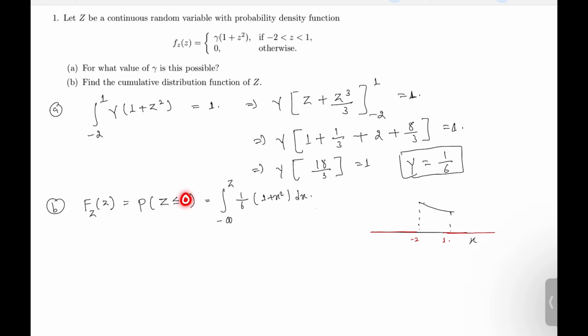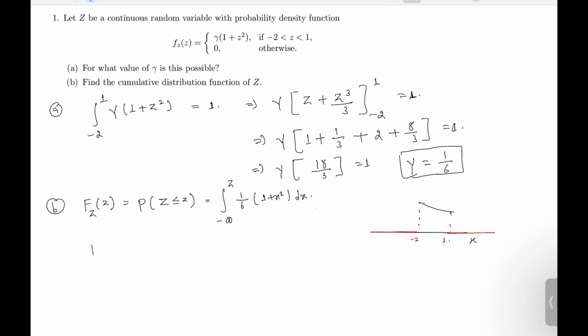Now if this small z is anywhere before -2, so it might be here or here or here, anywhere, and you try to find this probability, the accumulated probability before -2, that will be 0.